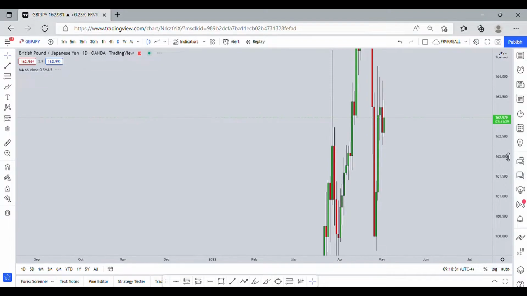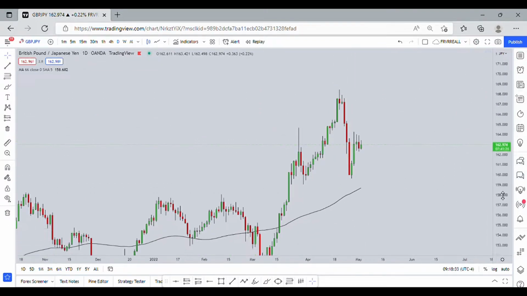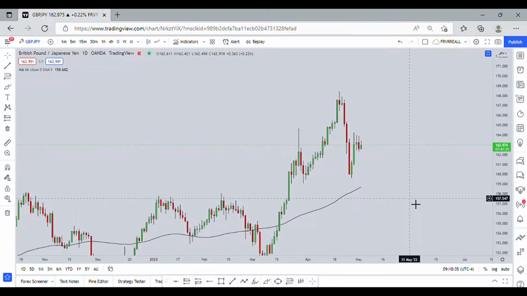Let's look at how to identify those levels. First of all, depending on the time frame, we can divide the levels into two groups: the higher time frame levels, which are the major levels, and the lower time frame levels, which are the minor levels.